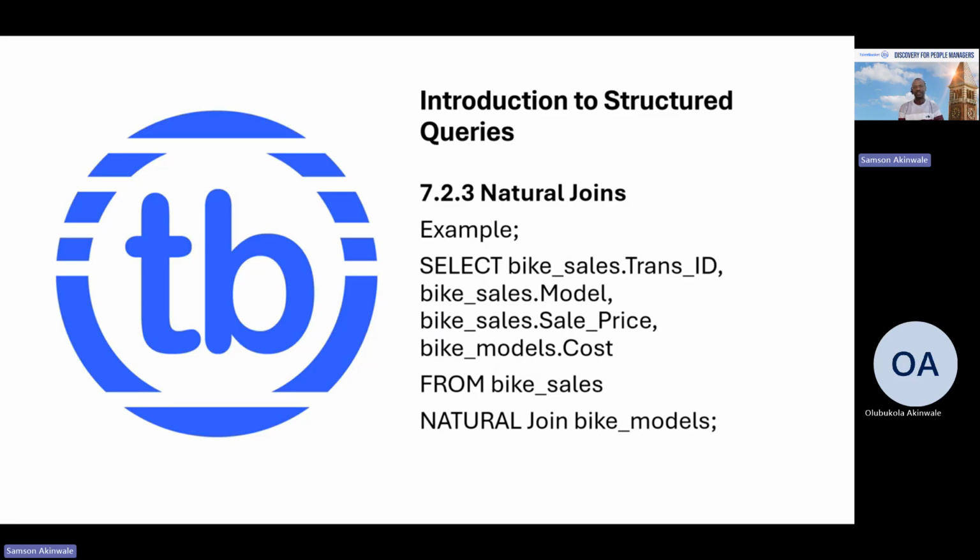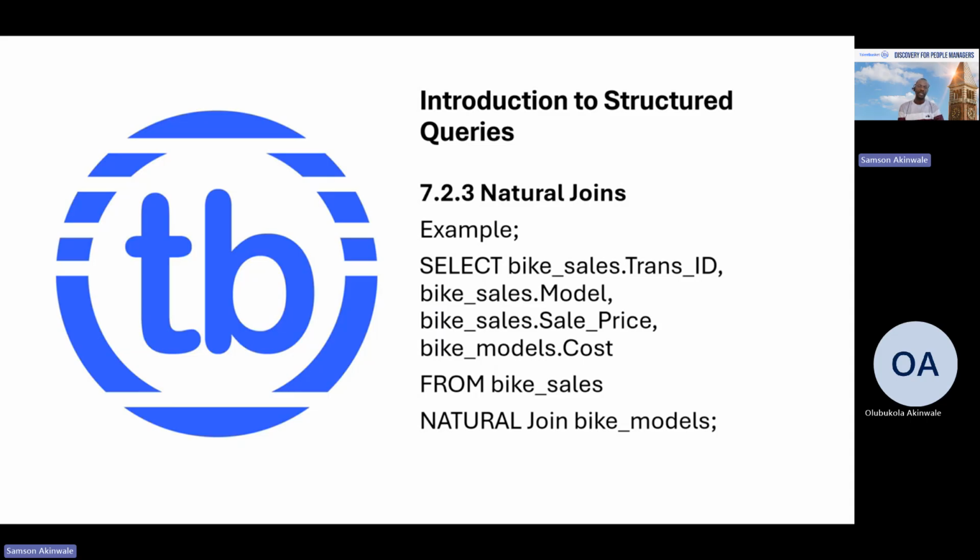So say for instance, if two tables have two columns in common, the first common column could be a column named model, and probably it is model ID appearing as primary key in one table and now appearing as foreign key in another table.